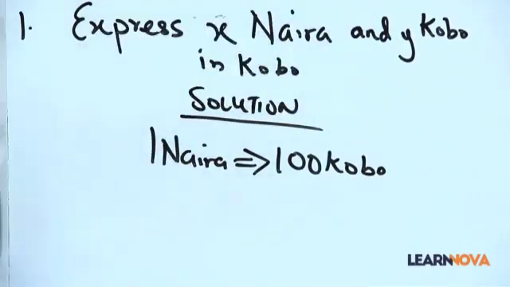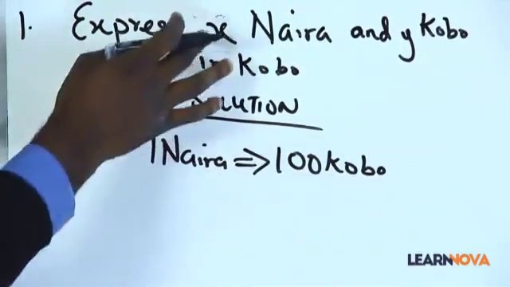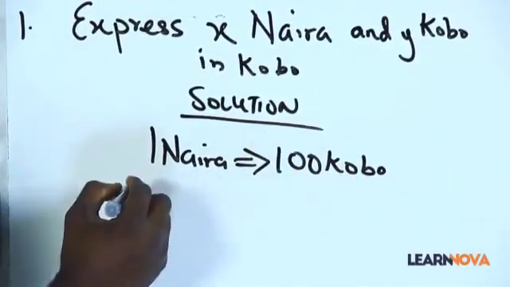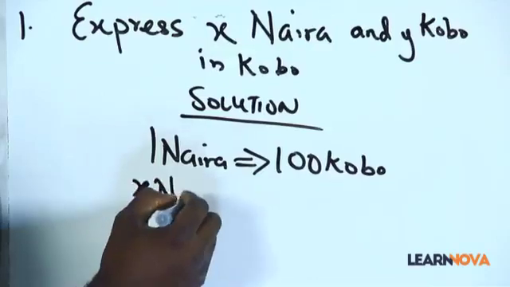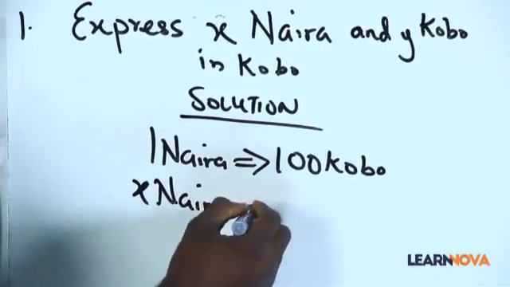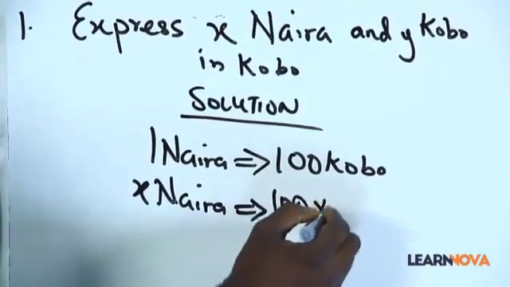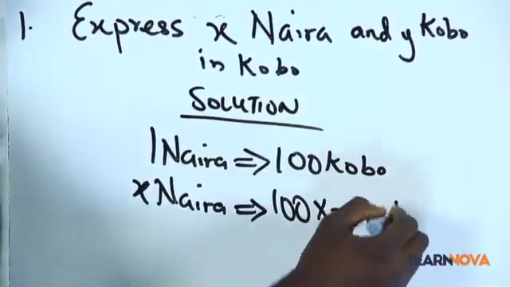So here in our question, they said we should express X Naira and Y Kobo in Kobo. So we have to first convert this X Naira here to Kobo. 1 Naira gives us 100 Kobo. Therefore, X Naira will be 100 times X Kobo.